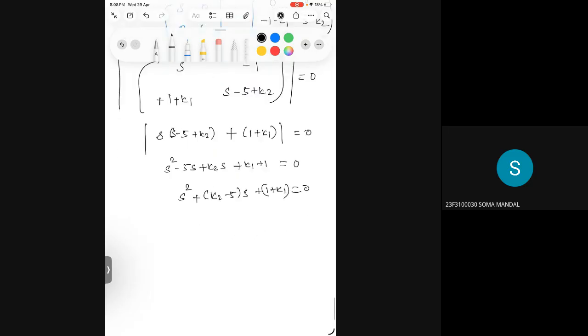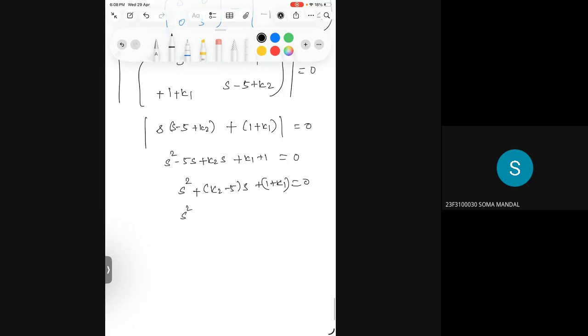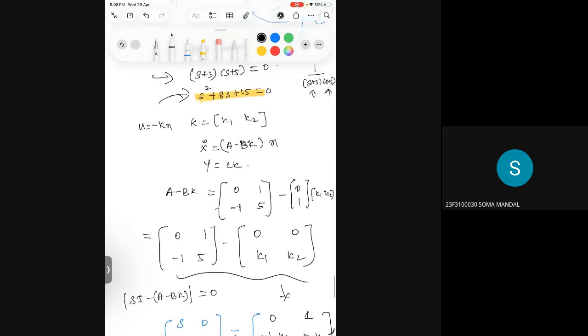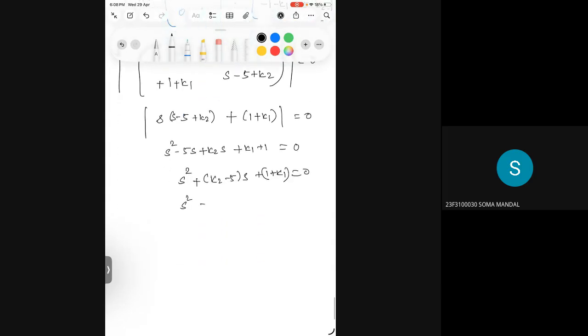This is a constant. So by comparing it against s square plus 8s plus 15 equal to 0, this is equivalent to this and this is equivalent to this.